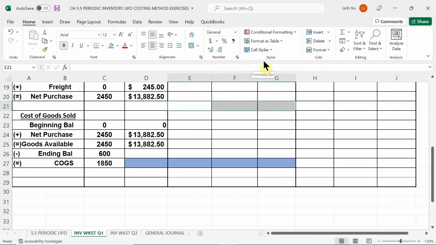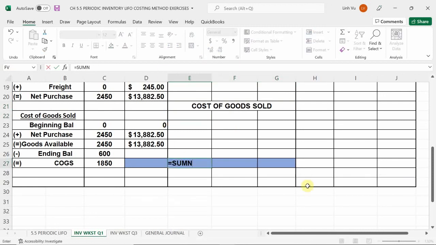Okay, so let's see, right here, merge, okay, and I'm going to call this my cost of goods sold, okay? So right here, what I can do is have a running balance by automatically calculating for me what the total of this column is, okay?